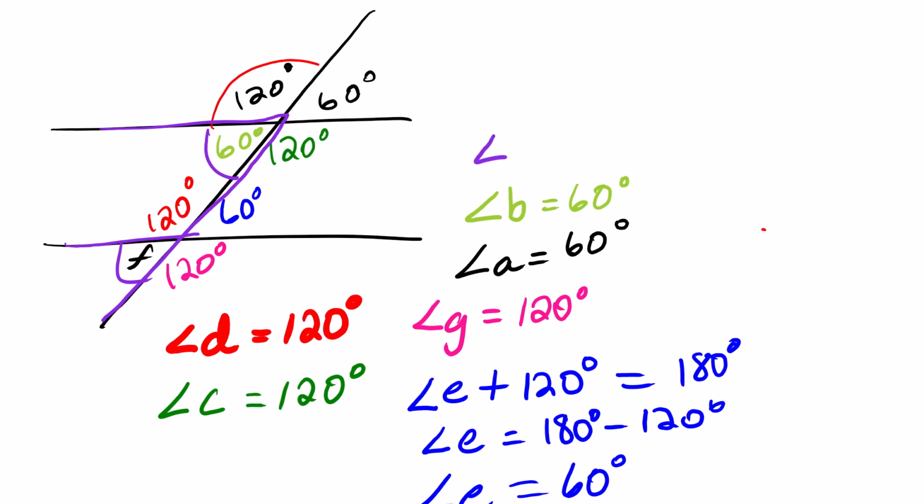So angle F is equal to 60 degrees. So we also have 60 degrees. So this is how we use these theorems to calculate angles when we have parallel lines and a transversal.